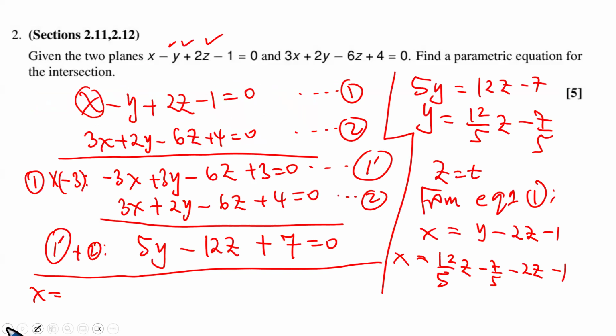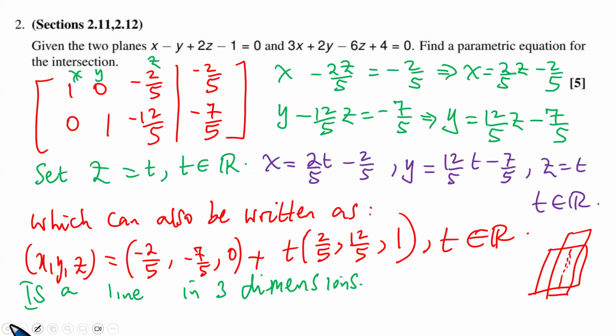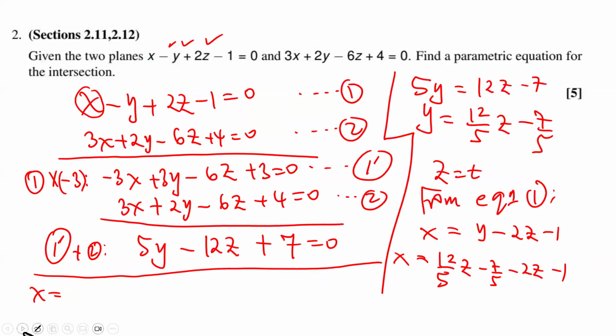We have to make sure that everything is aligned. So we're expecting our x to actually yield a minus 2 out of 5. We just need to have that cross-checked, because if we're getting the same answers, it definitely works. Here it is. So this one must be a plus, please. If you move this one to the other side, because we're from equation 1, y is going to be plus y minus 2z plus 1.